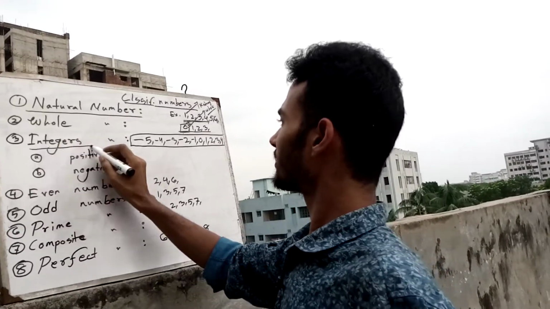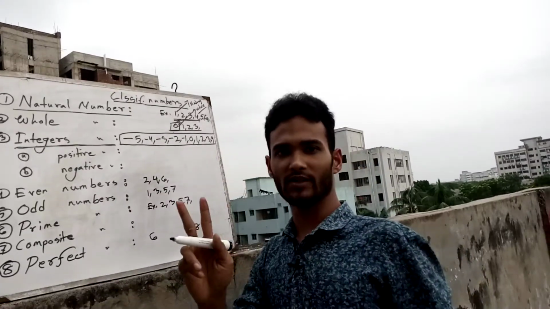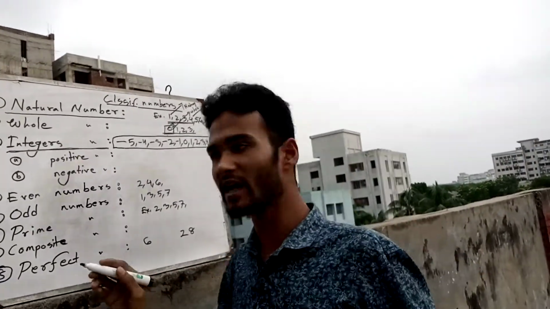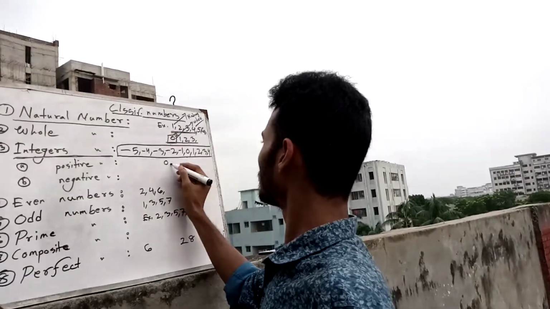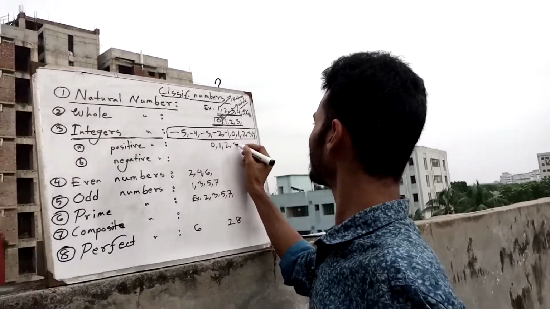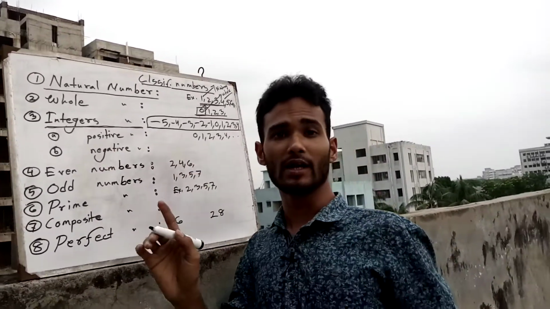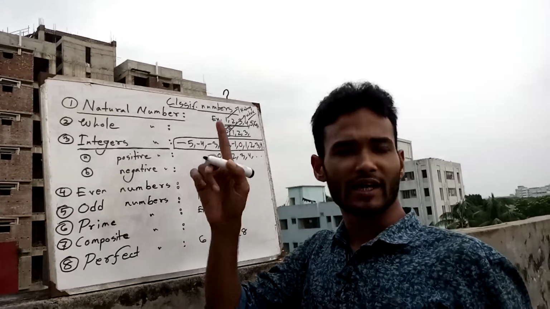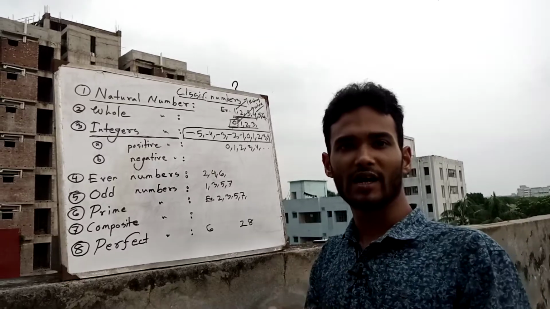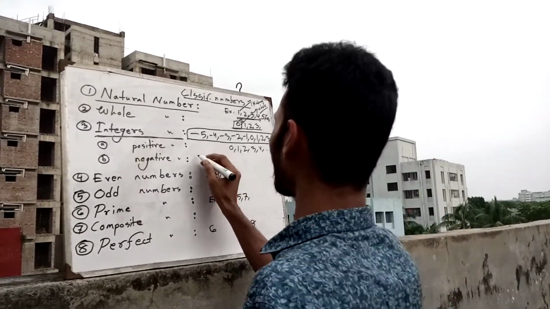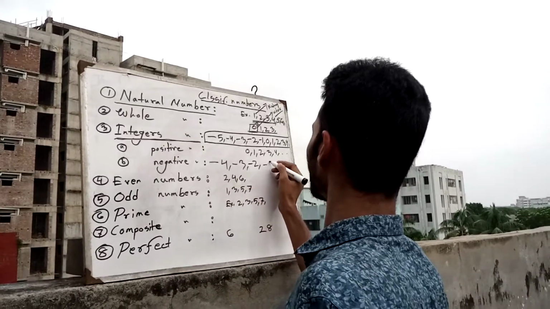We can classify integers into 2 categories. The first category is positive integers, starting from 0, 1, 2, 3, 4, and so on. The negative integers are all counting numbers which are negative: minus 4, minus 3, minus 2, minus 1.